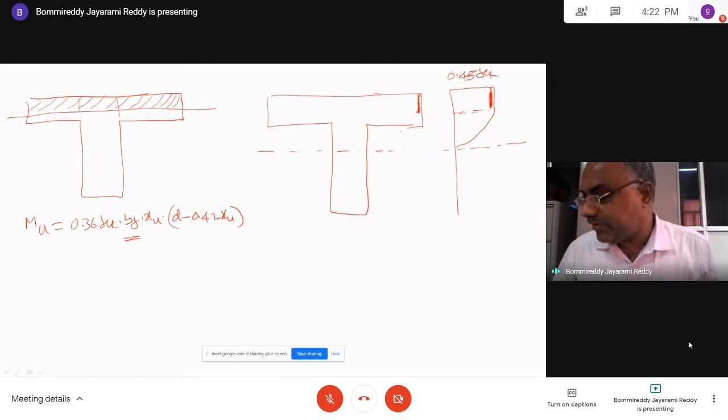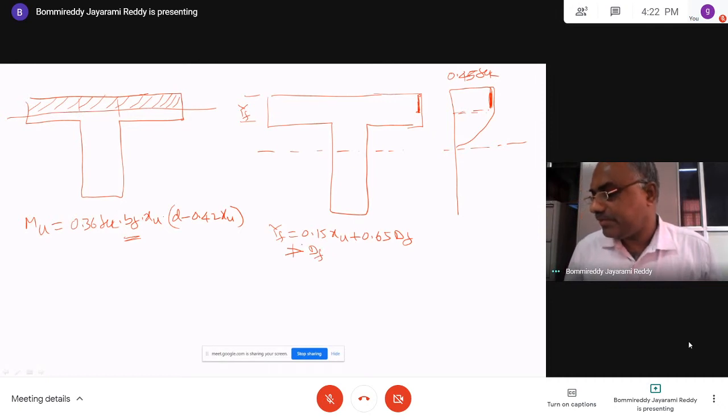Since the stress is not constant, the equivalent depth will be taken as YF. That equivalent depth is nothing but 0.15 XU plus 0.65 DF, and it should not be more than DF in any case.